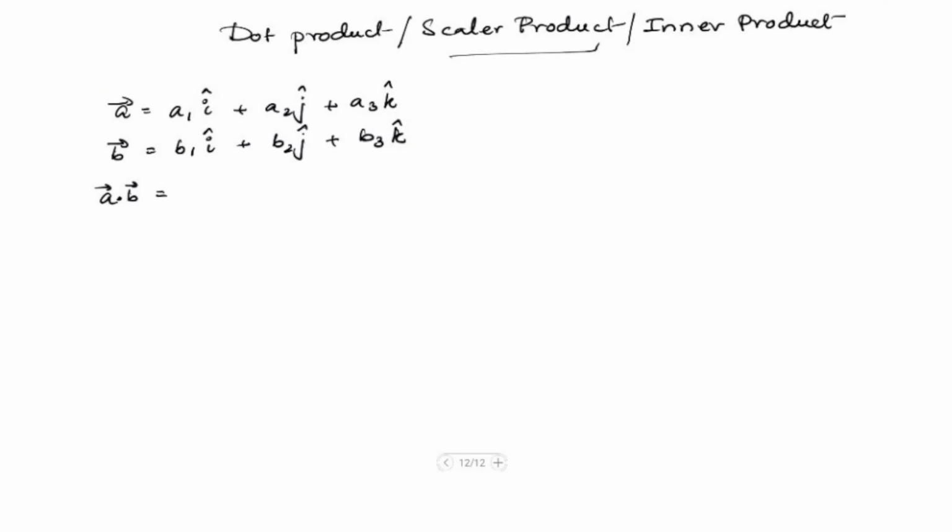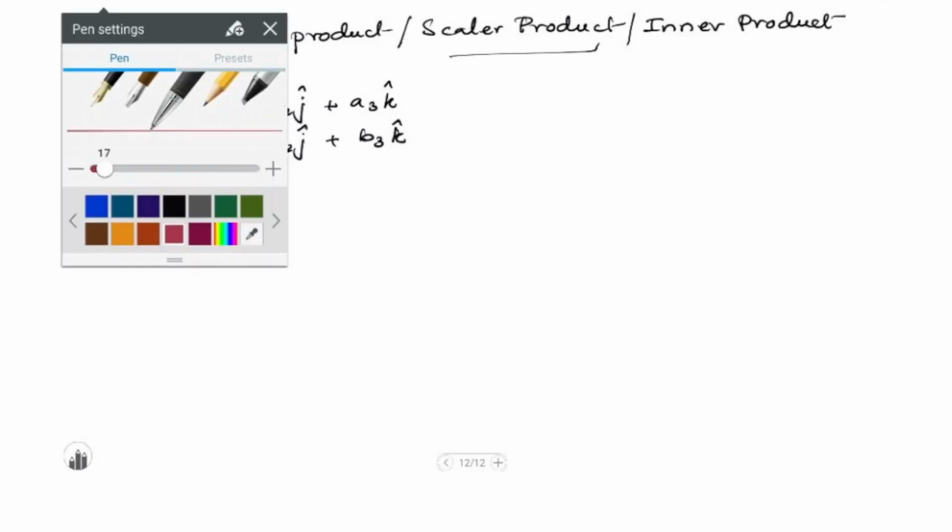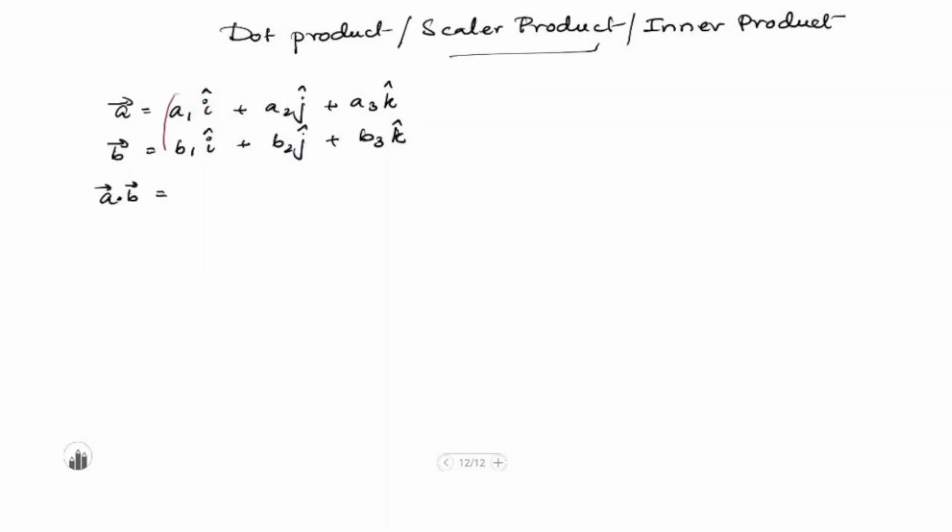What we have to do here is we just multiply those here. So the coefficients of the i terms plus the coefficients of the j terms plus the coefficients of the k terms. So it will be a1 times b1 plus a2 times b2 plus a3 times b3.